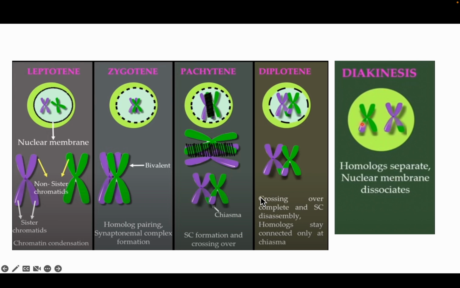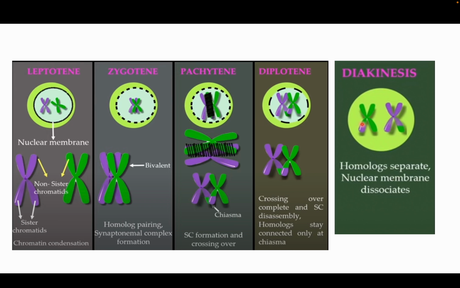In diplotene, crossing over completes and the SC disassembles. When crossing over is completed, the synaptonemal complex should be disrupted. Homologs stay connected only at the chiasma. What is chiasma? Chiasma is the place where the crossing over or recombination happened.